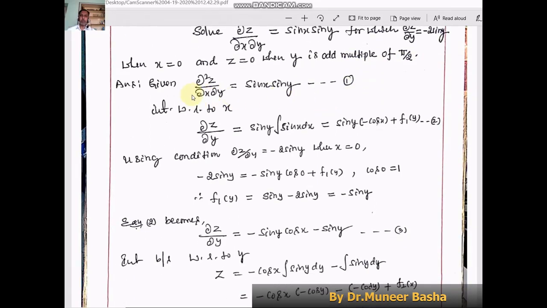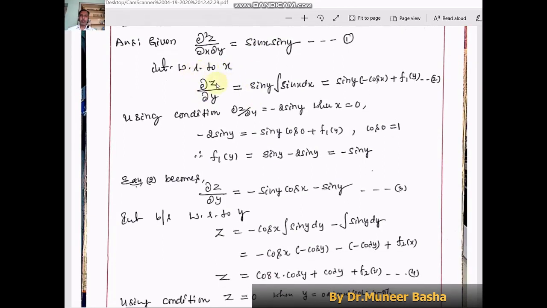So write the given equation as it is once again, and then integrate with respect to x. ∂z/∂y becomes, sin y is constant, integral of sin x is minus cos x, so plus f1(y), the constant of integration. Use the given condition: ∂z/∂y is equal to minus 2 sin y when x is equal to 0.